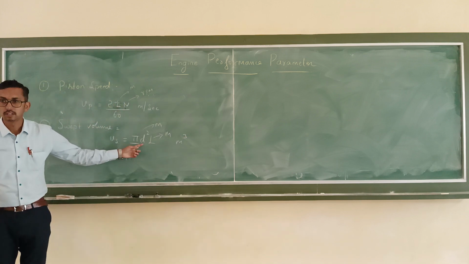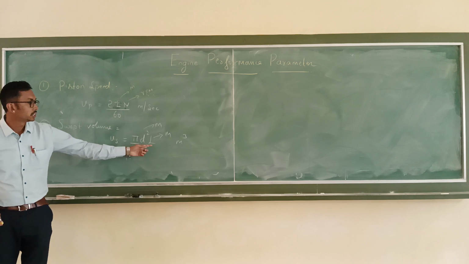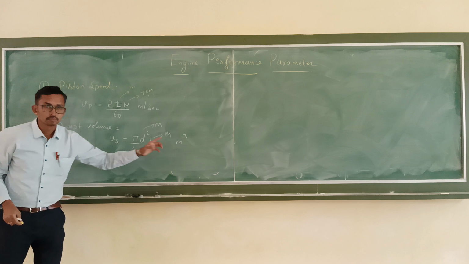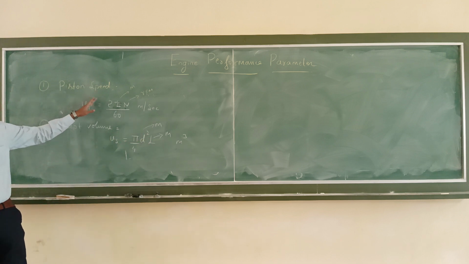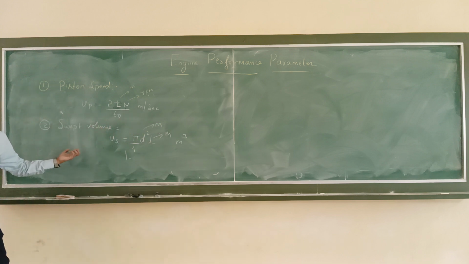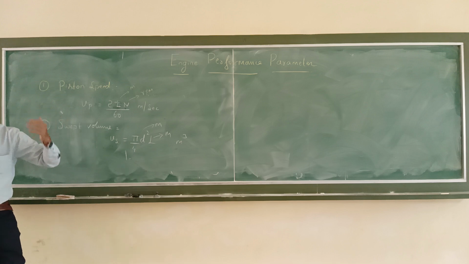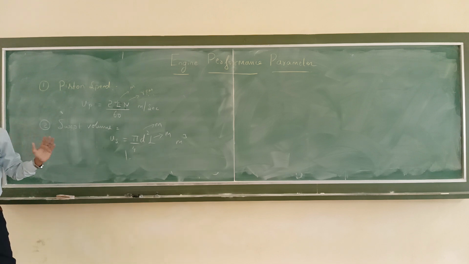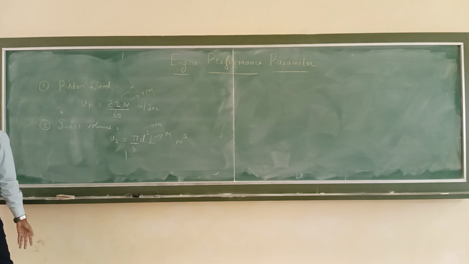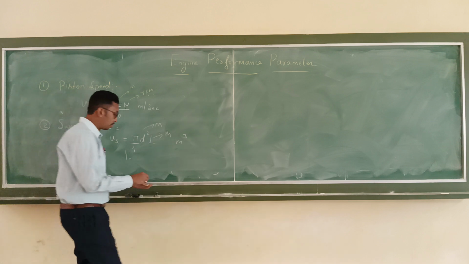Because here we have D square into L. So therefore the unit is meter cube. Is it clear? What is the definition of swept volume? The volume swept by the piston while moving from top dead center to bottom dead center or bottom dead center to top dead center. That is called swept volume, and the formula is here. Is it clear?